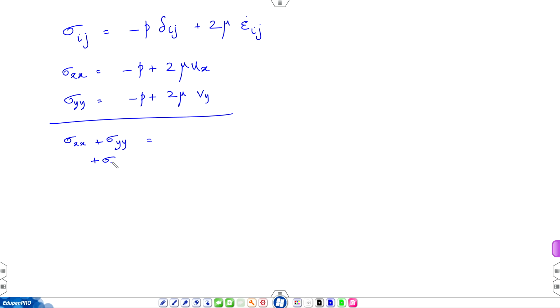Let me put sigma zz also, so that you have minus 3p plus 2 mu times u_x plus v_y plus w_z. What is that? It is del dot u, which is 0 for an incompressible fluid.